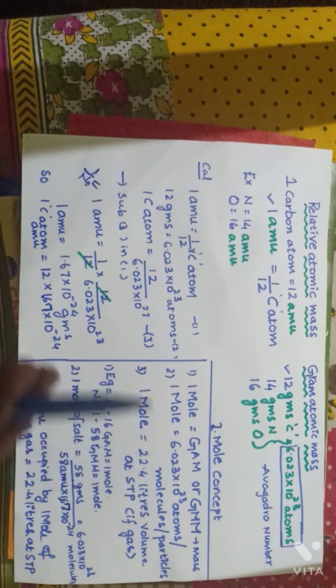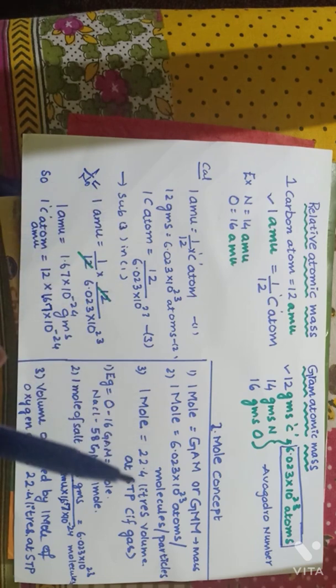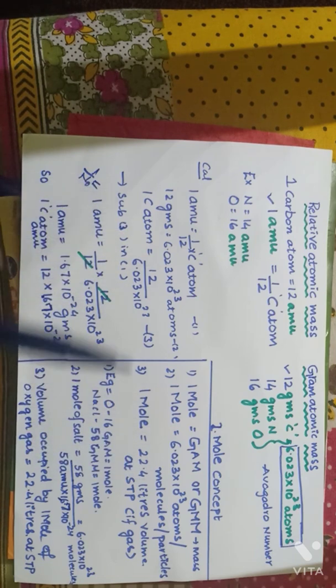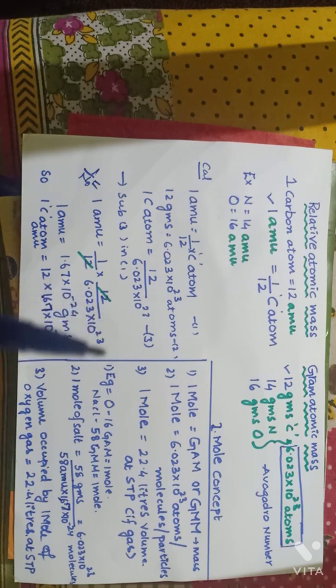So it only applies for gases. I hope you got a clear idea about all the formulas, and if you get questions on mole concept, relative atomic mass or gram atomic mass, I think you will be clearly able to solve all the problems related to this.